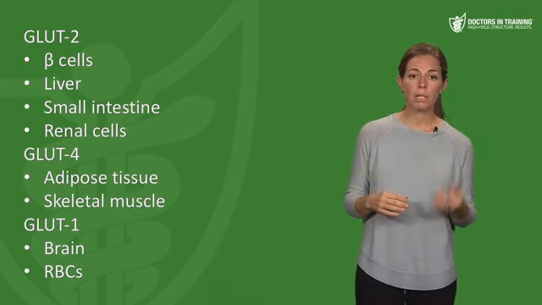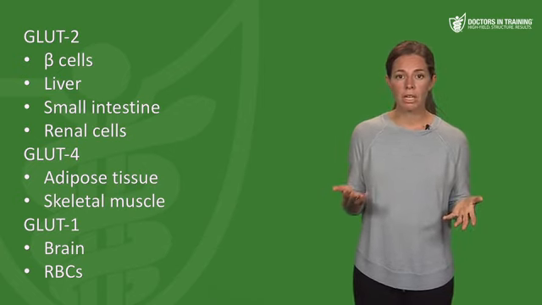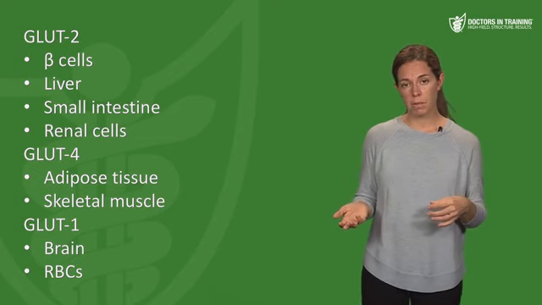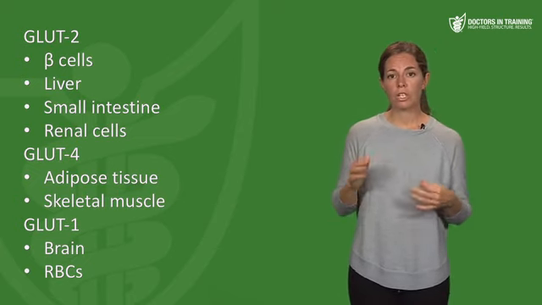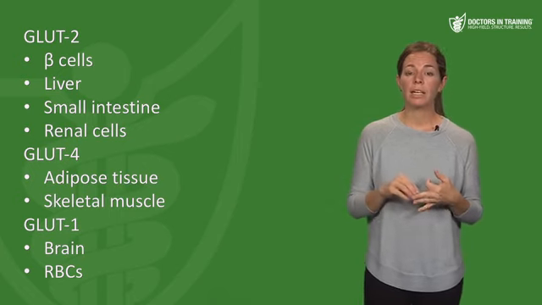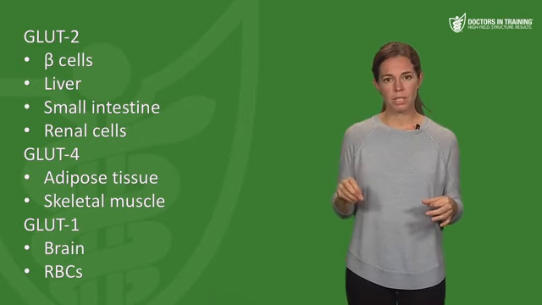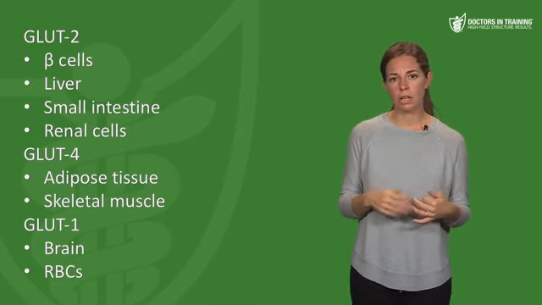And this is important because red blood cells have no mitochondria, so they have to have glucose for energy, and they depend on anaerobic metabolism for energy. Other tissues that don't require insulin for glucose uptake include the intestine, cornea, kidney, and liver. So basically all those tissues that don't have a GLUT4 receptor are able to get glucose into the cells without insulin.